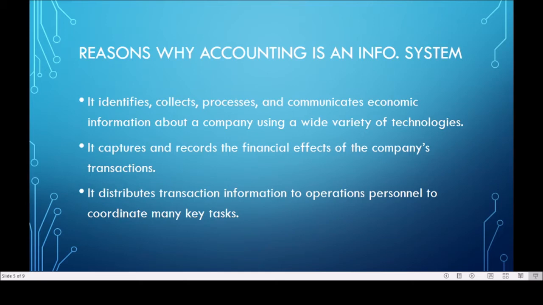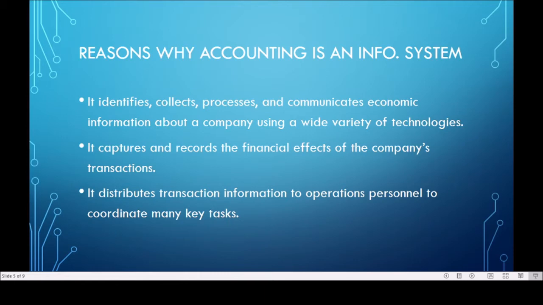Because at the end of the accounting process, we are able to prepare information, and this information is distributed to certain personnel, okay, in order for them to identify whether or not they have achieved their objectives in the particular accounting period, and in order for them to evaluate themselves, okay, whether or not they were able to perform well.